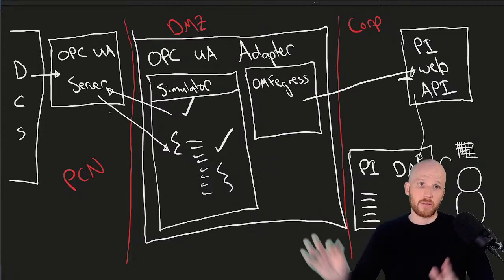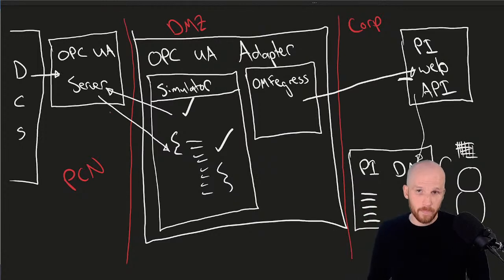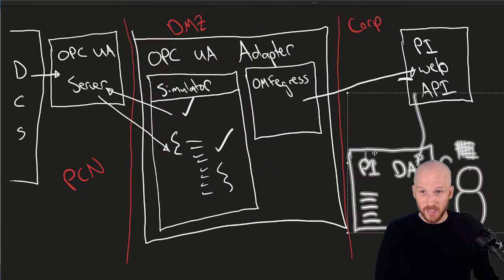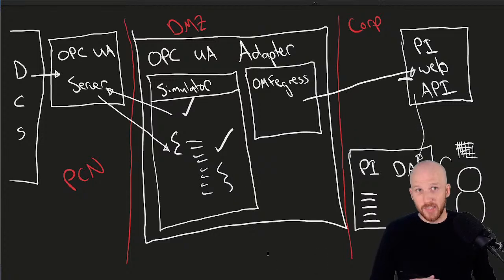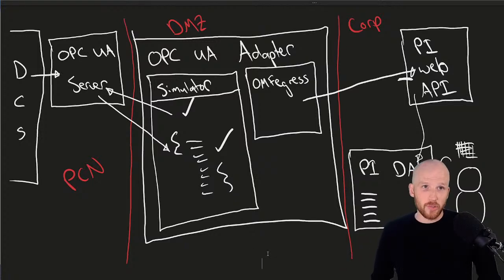It doesn't matter. There's no extra configuration if they're not on a domain. Your Pi Web API and your data archive need to be on Windows and really should be in the same domain as each other. But that's pretty standard. So the other thing that excites me here is that it's much easier to get adapters and make them fit into standard architectures with standard kind of domain and Active Directory controls.